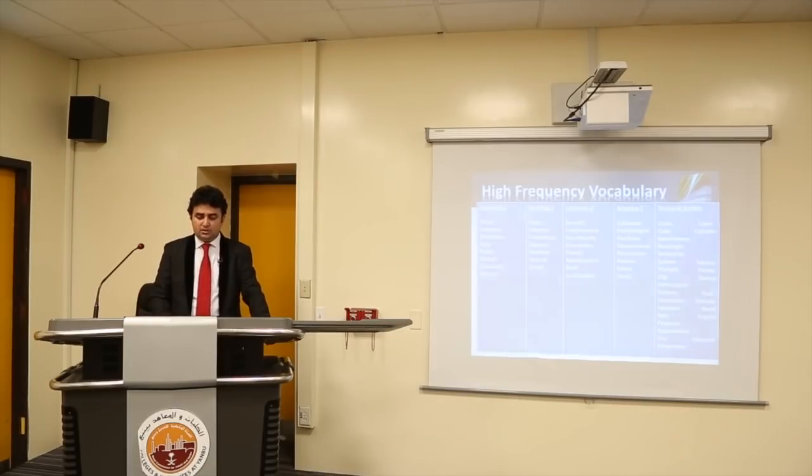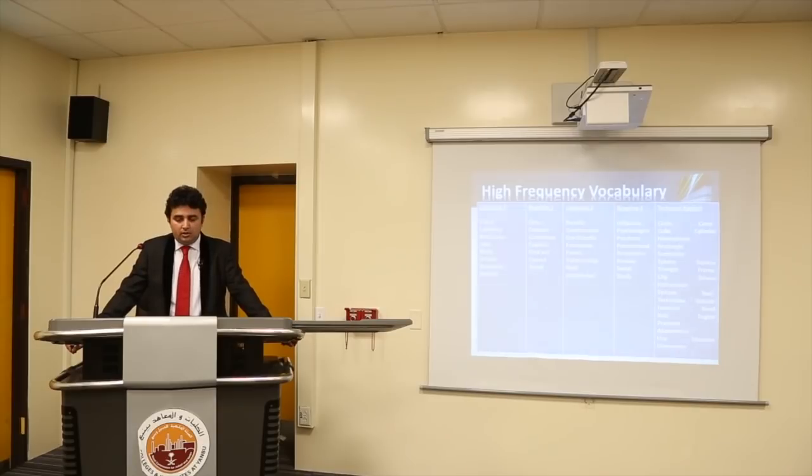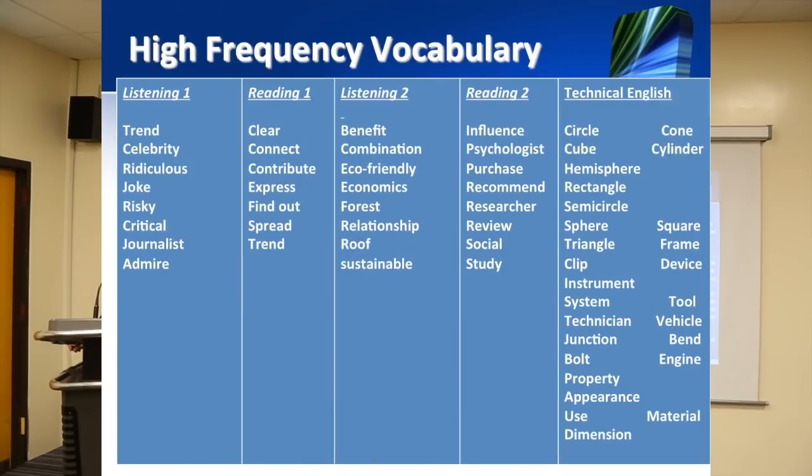The next section is the vocabulary and grammar section. In this section, you are given a list of words. This is the list which you have been given, for general English and for technical English. In general English, you learn words like trend, celebrity, connect, combination, purchase, recommend, researcher.